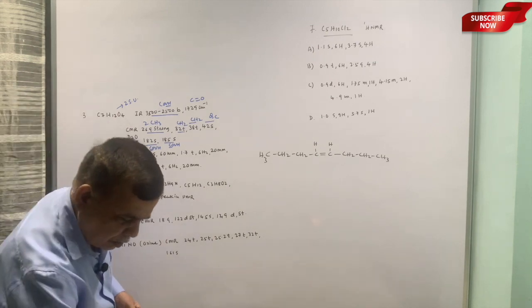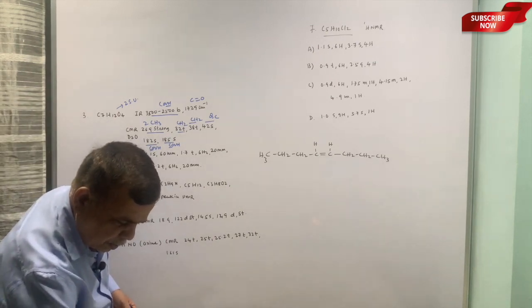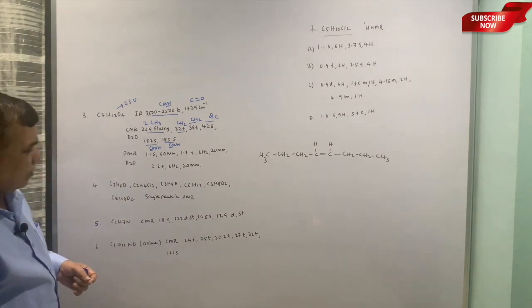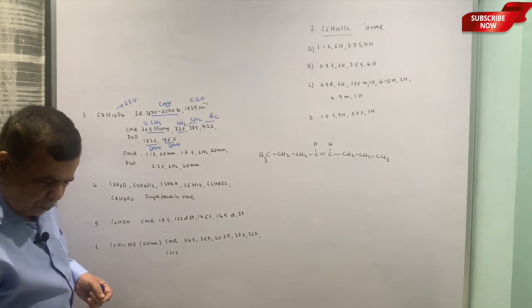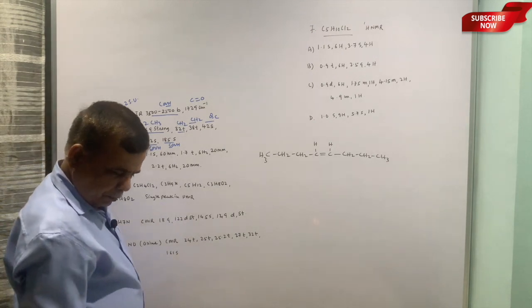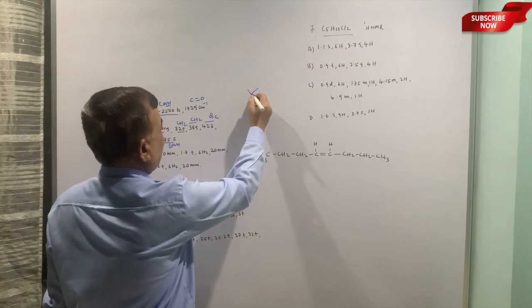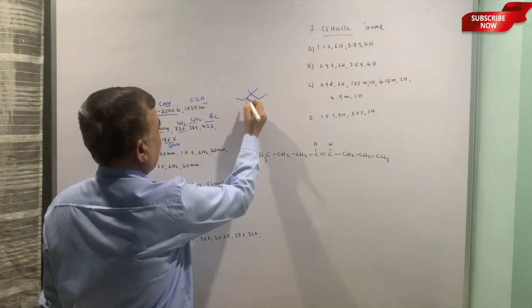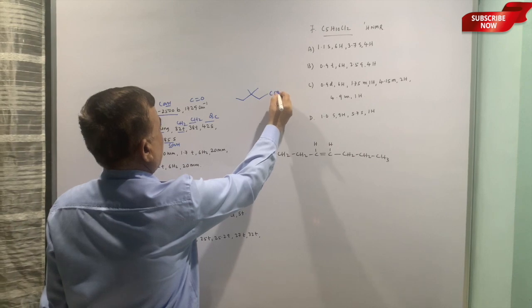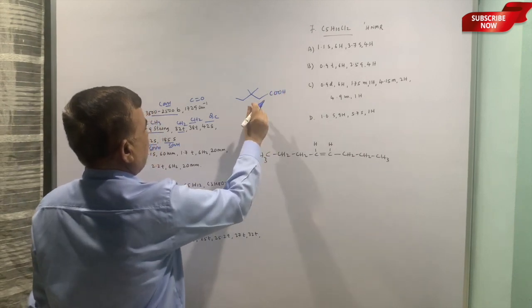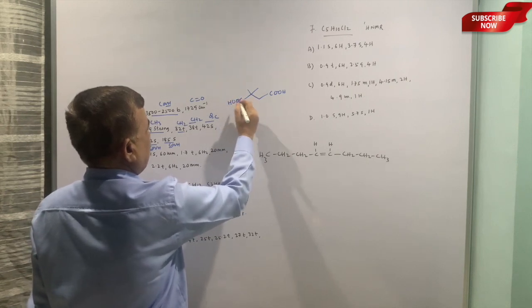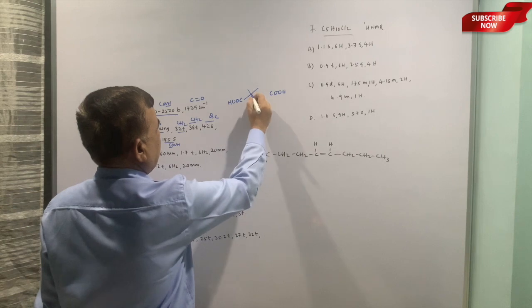So the structure, C7H12O4, the correct structure is going to be this one, or we can simply put COOH here, so that those methylenes would be non-equivalent.